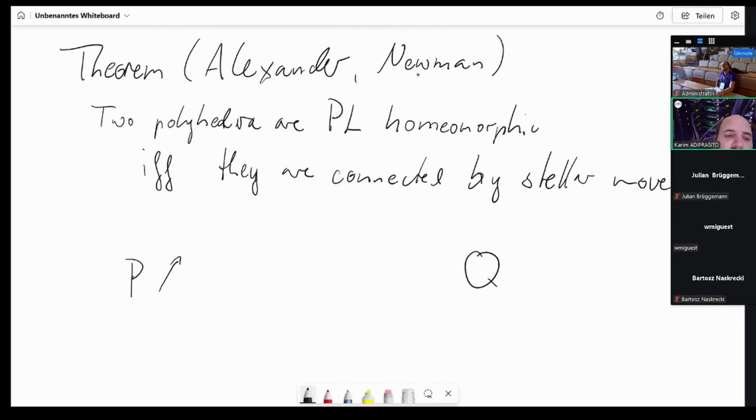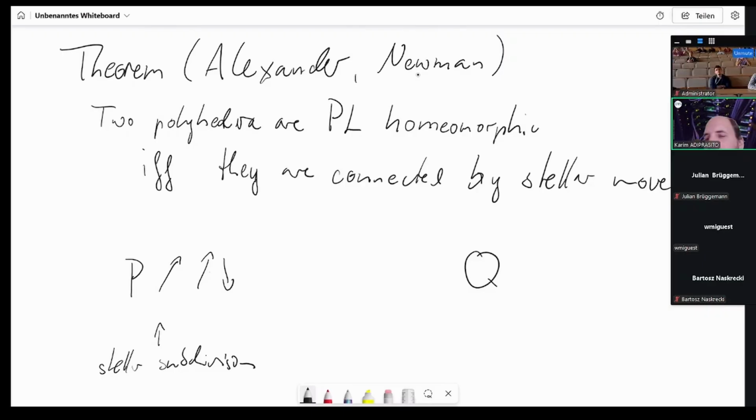An up arrow for me is a stellar subdivision, and inverses. I write an up arrow to visualize that this increases the number of faces, and inverses. So this sequence can look like this until I end up at Q.